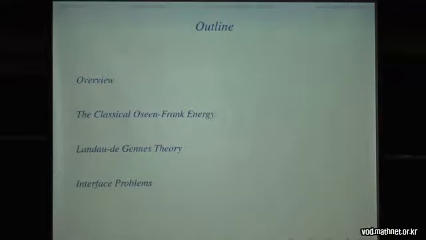And recently, we are interested in Landau-de Gennes theory. You probably know that both people, Landau and de Gennes, contributed to physics a lot. So finally, I will give some interface problems between two different phases.